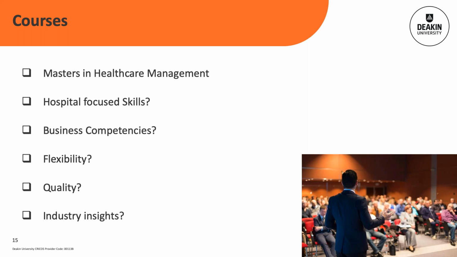But when you look at the courses that are focused on healthcare management, there are very, very few courses that actually look at hospital-based competencies or hospital management itself. With a hospital being a complex structure requiring dedicated skills, you may not acquire those skills through a generic healthcare management course.